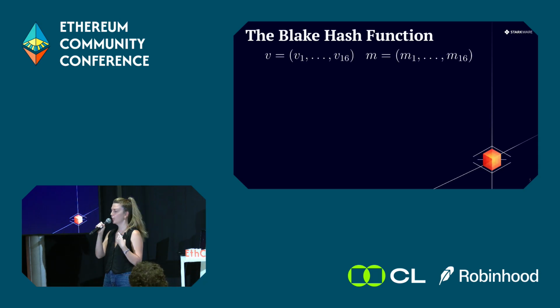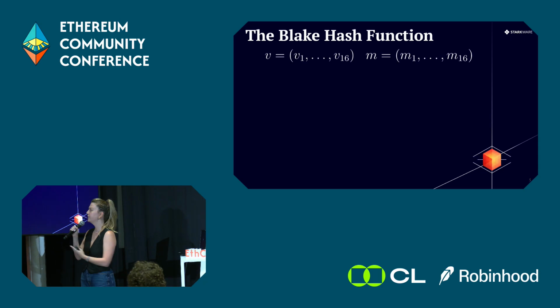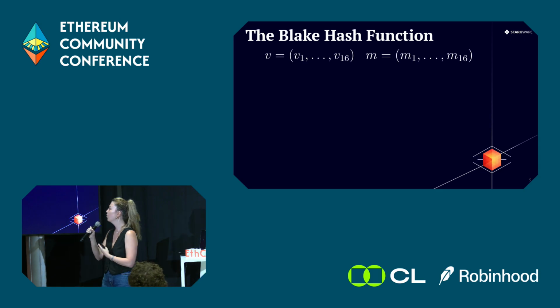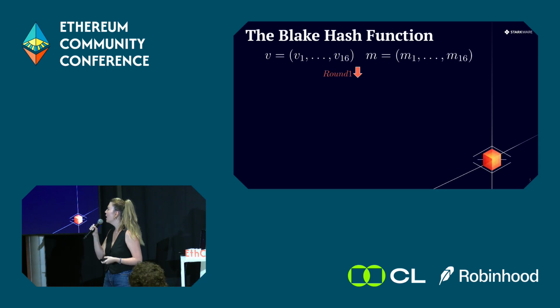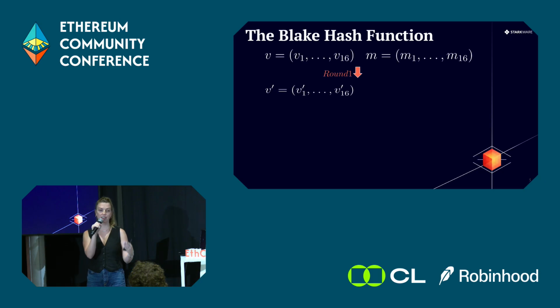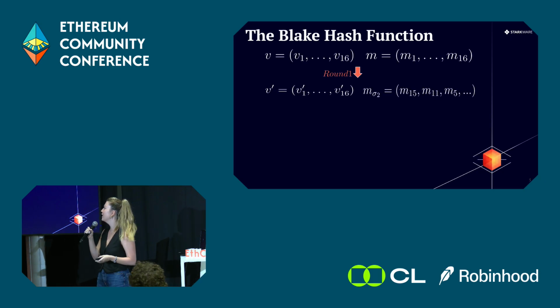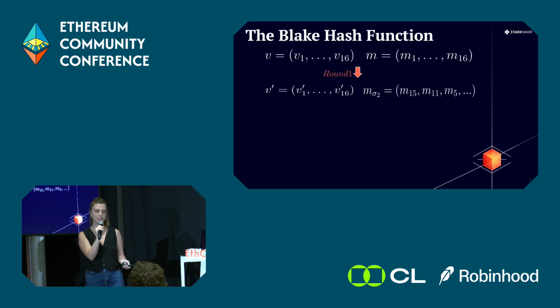So we have as input 2 vectors, one of a state called v, one of a message called m. Each one of those vectors contains 16 words, where each word is 32 bits. For them, we're applying the round function, and it results in an updated state. We take this updated state along with some fixed permutation of the message.